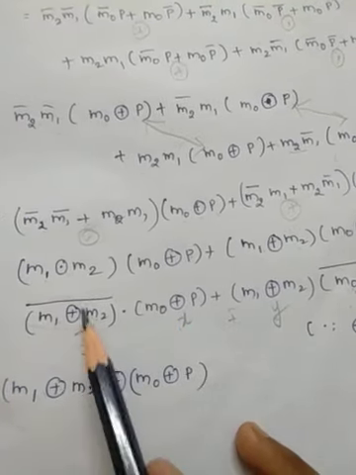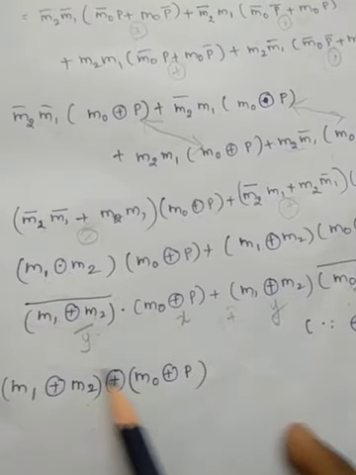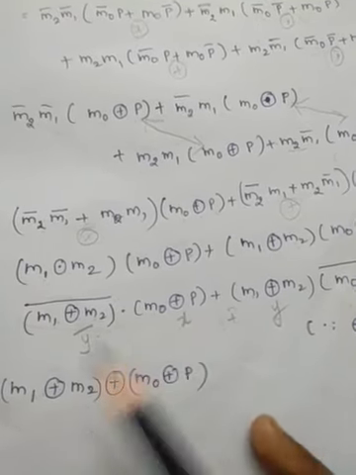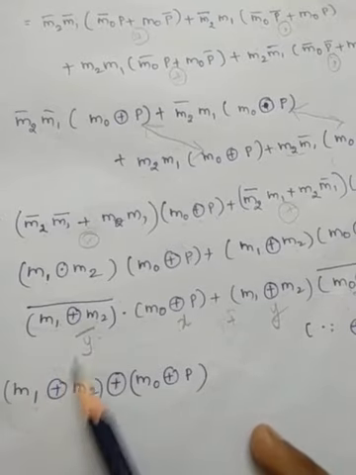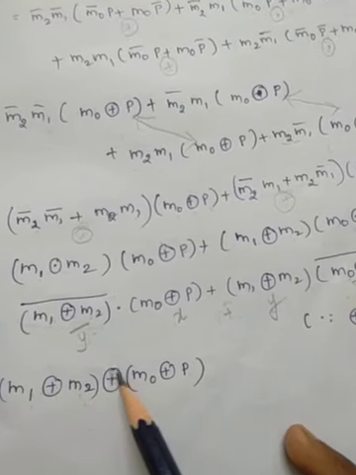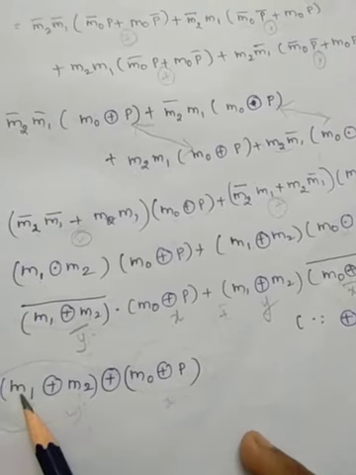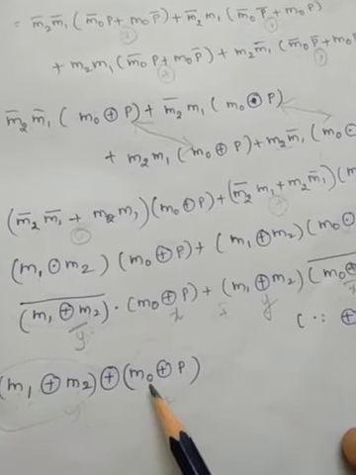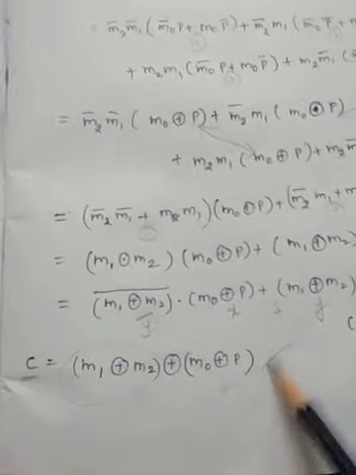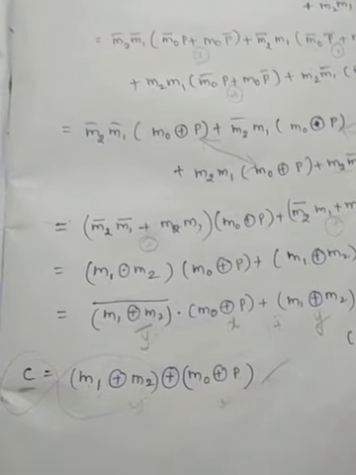So this is x XOR y, where y is m1 XOR m2 and x is m0 XOR p. So m1 XOR m2 XOR m0 XOR p. This is the simplified equation for the check bit.